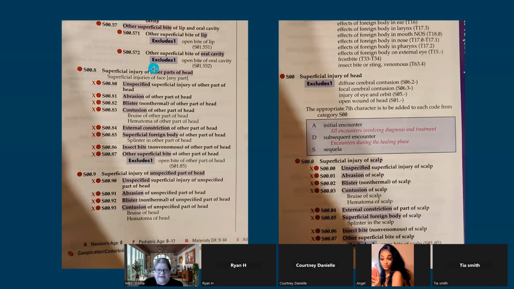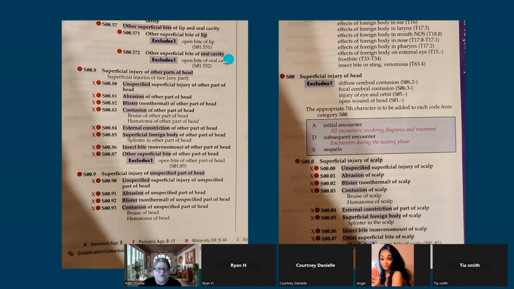Superficial injuries of face, any part. So any part of the face, that fits what we're talking about, right? And down here, S00.9 is superficial injury of unspecified part of the head. But we know where our contusion is, so we're not unspecified. We're going to be up here in section 0.8.